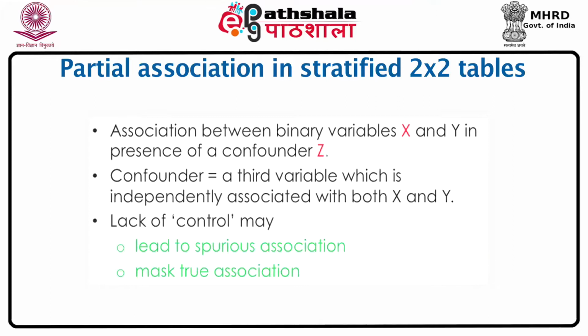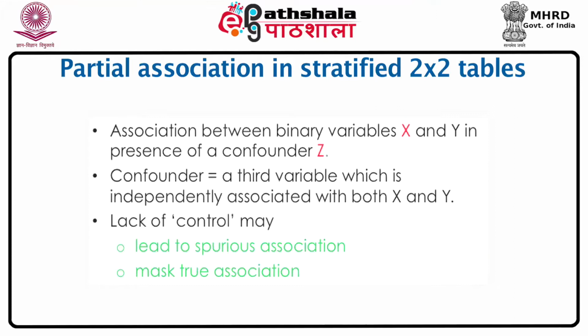If you are interested in confounders and how we control for them and what happens if we fail to control for them, then more on this in the modules on biostatistics. For now, we note that in any situation, it is highly unlikely that we would only collect data on two variables, and we are considering analysis in a simple case where we have a third variable which we have termed as z.